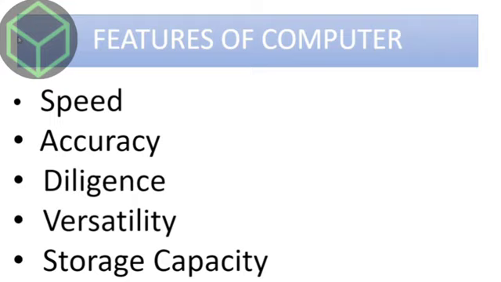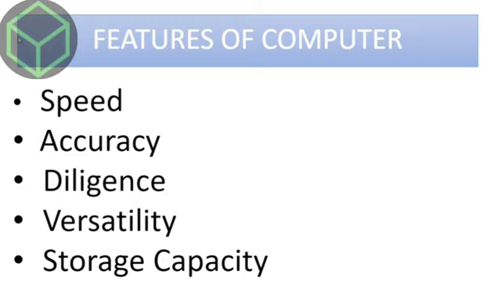Computers are accurate machines that can perform a large number of tasks without error. But if we enter wrong data, the computer returns the same wrong information. In simple words, it is called GIGO, meaning garbage in, garbage out.